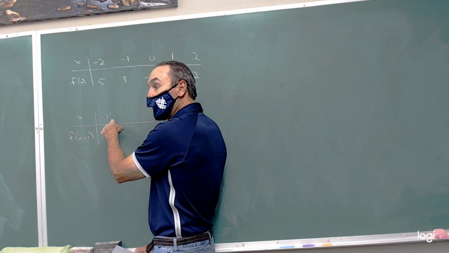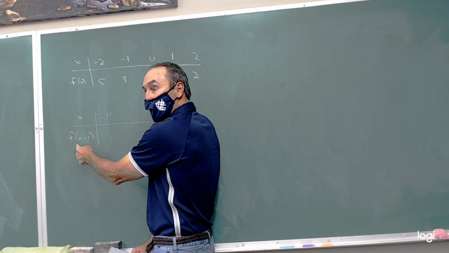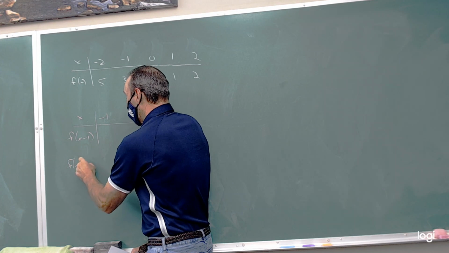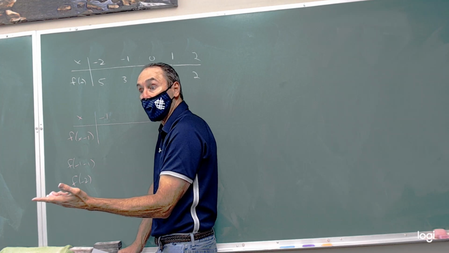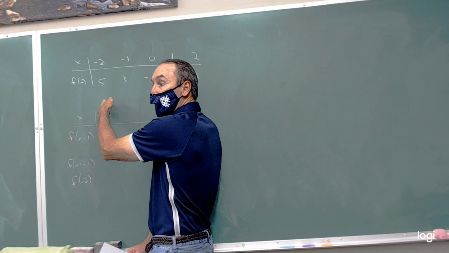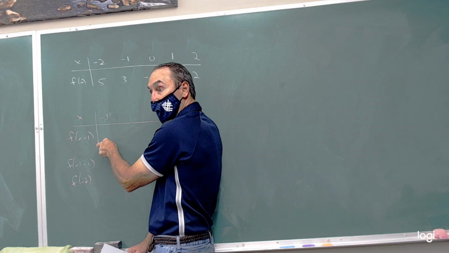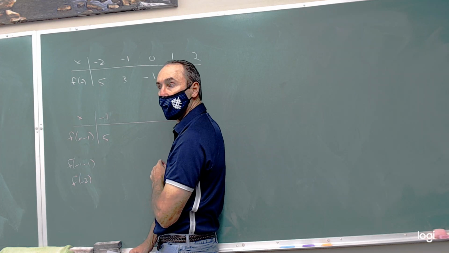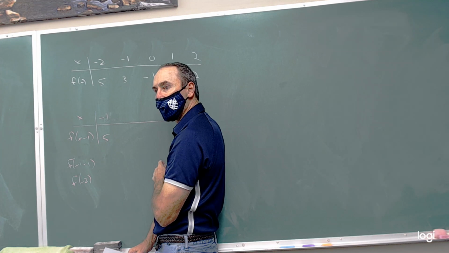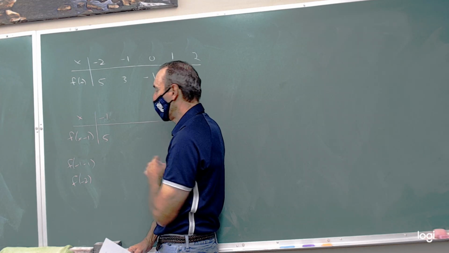If I choose x to be -1, what I actually evaluate is f of -1 minus 1, which is f of -2. That we can do because that's in the table. So when x is -1, we get f of -2, which we know is 5. Kind of weird? Yes, but kind of fun.